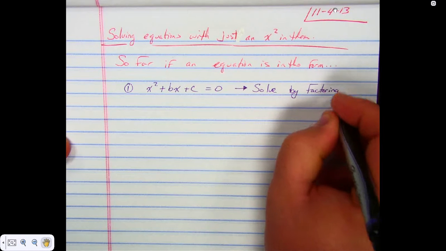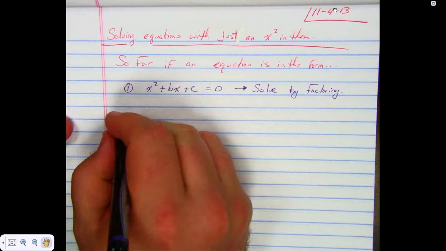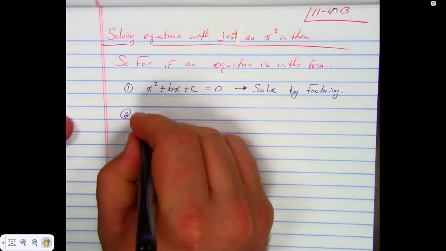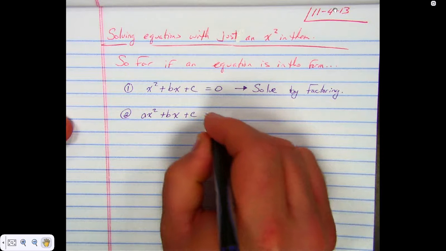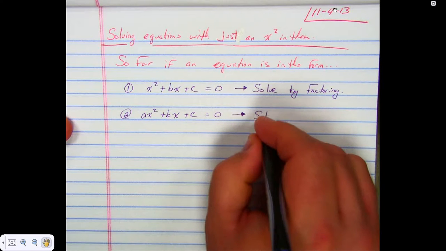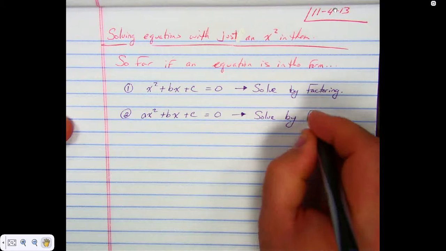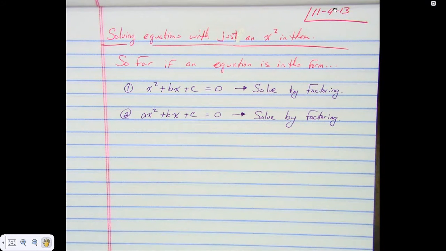Factoring. Correct? 2, if it's in the form ax squared plus bx plus c equal to 0, we also solve by what? Solve by factoring.